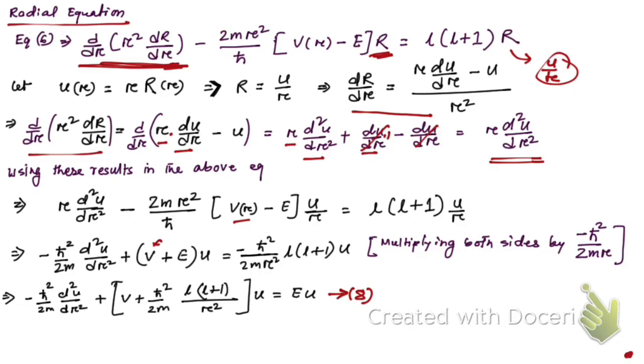Now let us take k is equal to this. Here this E is negative. Total energy for a bound system is negative.